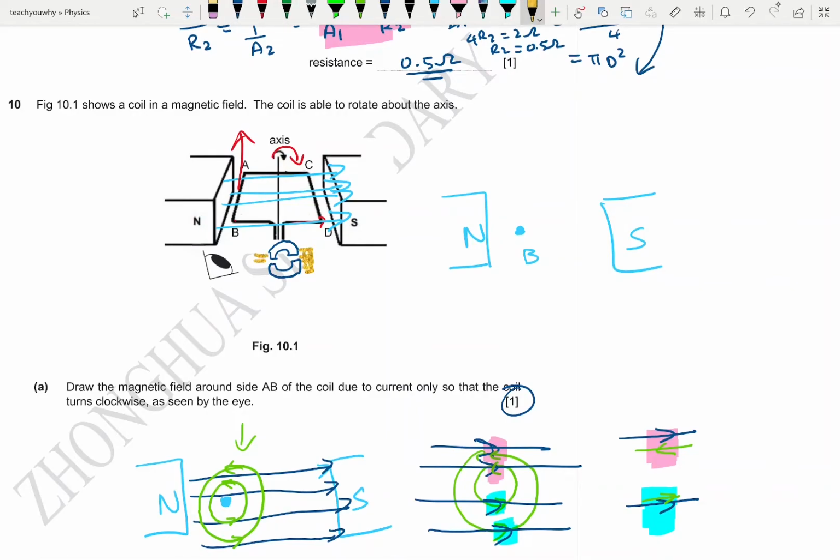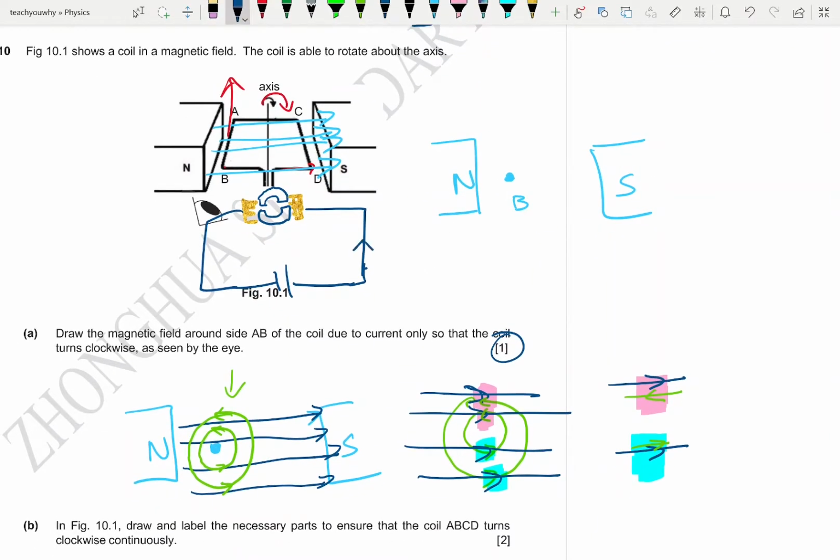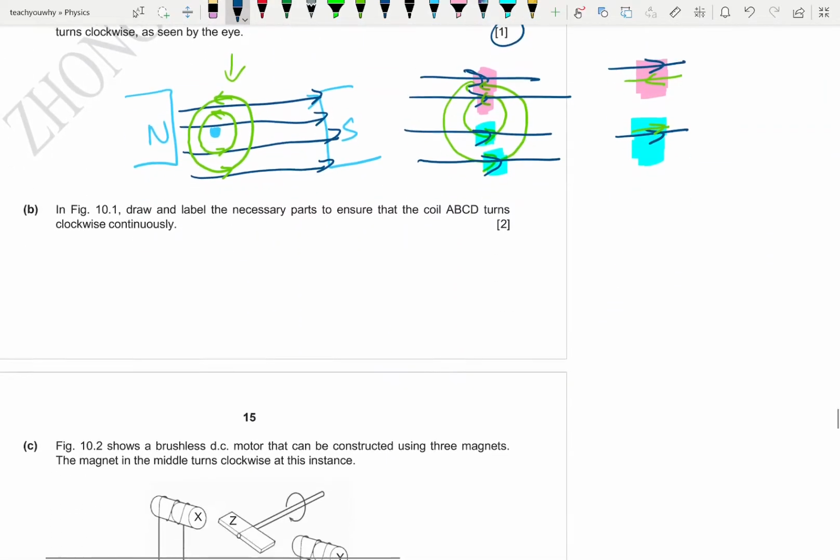Okay, you need your brushes. Then after that, it's connected to a battery. Okay, correct direction. The current has to flow this way, come out this way. Okay, the current has to come out this way, go in this way. Alright, done.